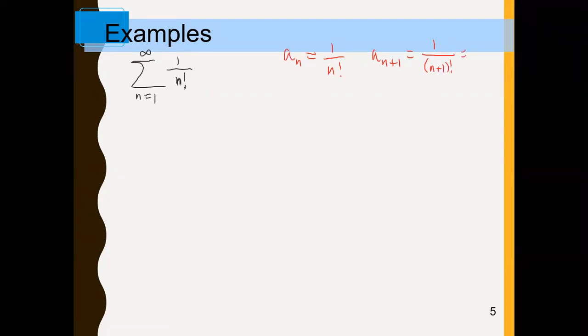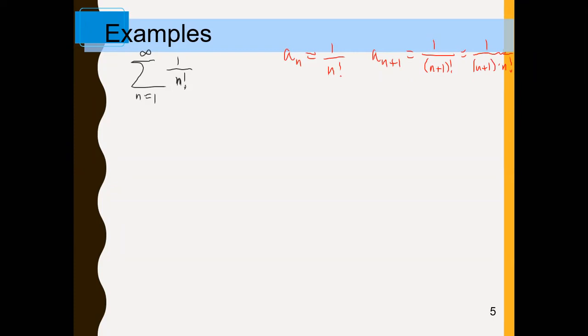How should I write n plus 1 factorial so that cancellation is most obvious? Yes, it's n plus 1 times n factorial.